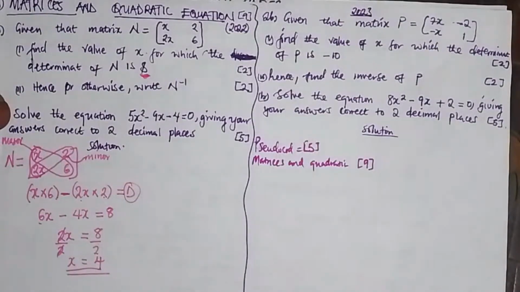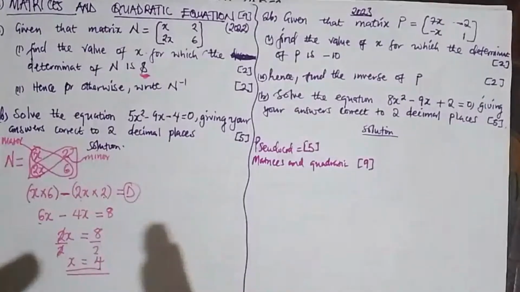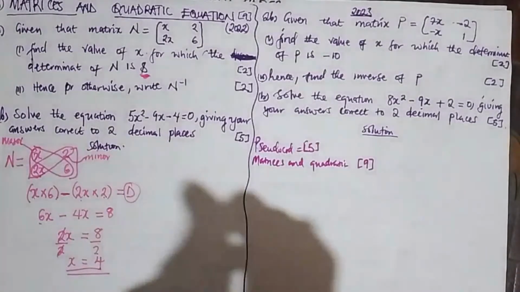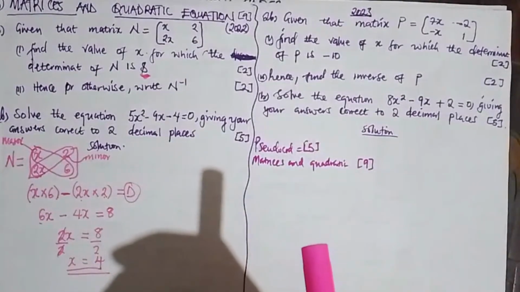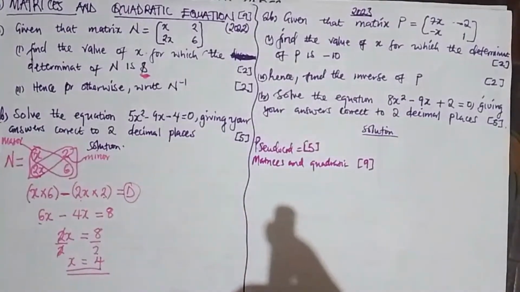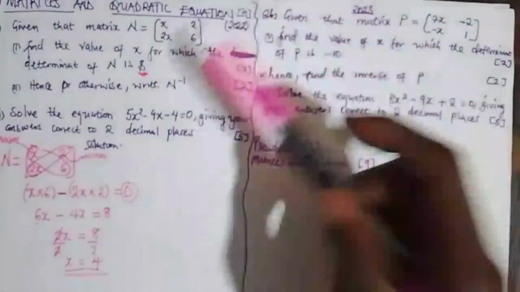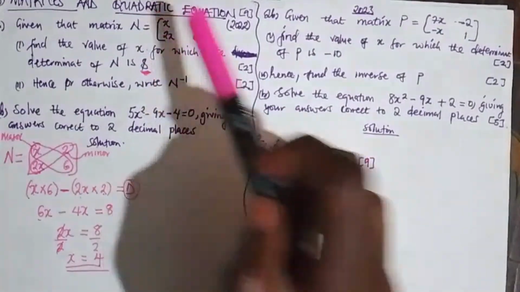So now, which brings us to our second question. Hence or otherwise, write the inverse. So how can you write the inverse of a matrix? The way you can write the inverse of a matrix is that first we are going to find the values in this set, because remember this matrix has only x and 2x.